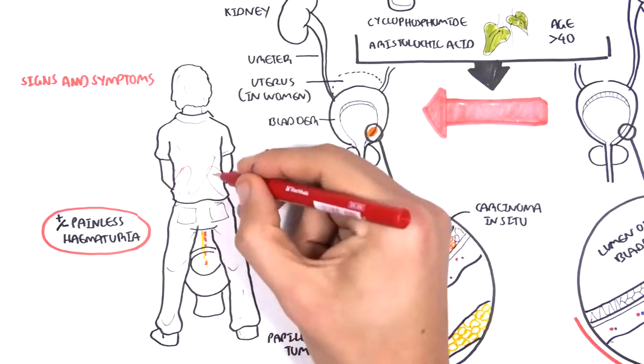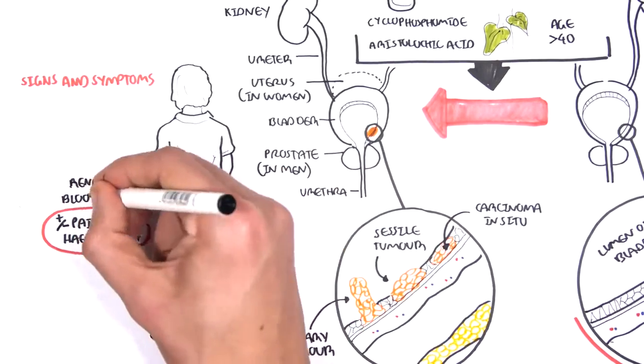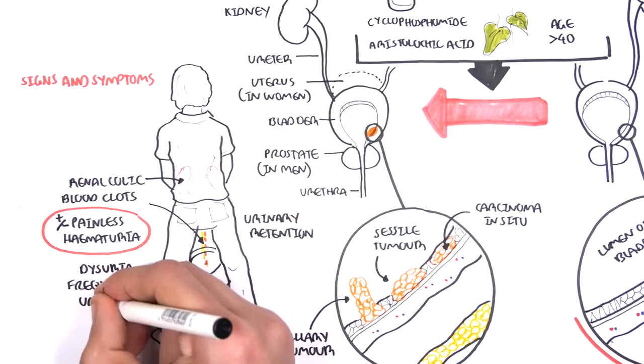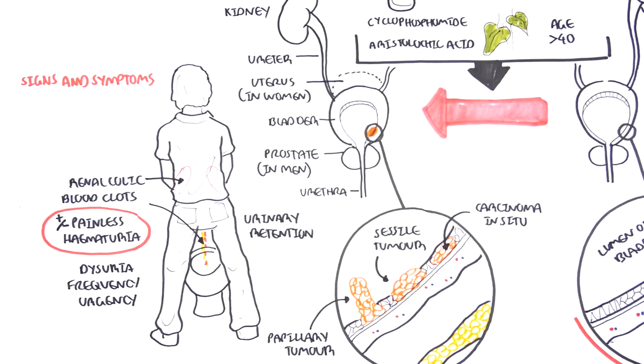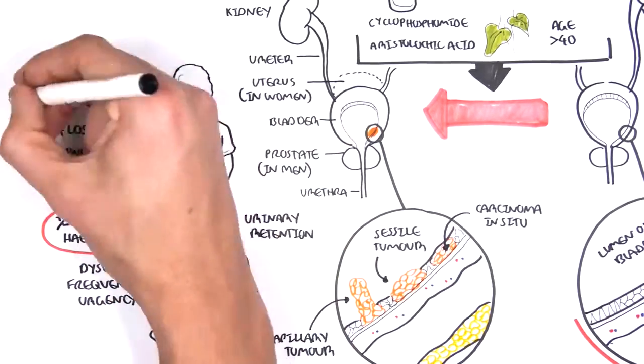Other signs and symptoms can include renal colic. There can be blood clots in the urine, dysuria, frequency, urgency, and urinary retention. There can be systemic signs of malignancy, including fever, weight loss, and night sweats.